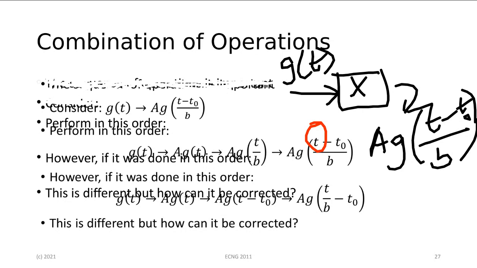Remember, the compression functions only affect T. It doesn't affect T0. So B only is going to affect T. So what you're going to get is T over B minus T0. That's different. Now it's not what you want.